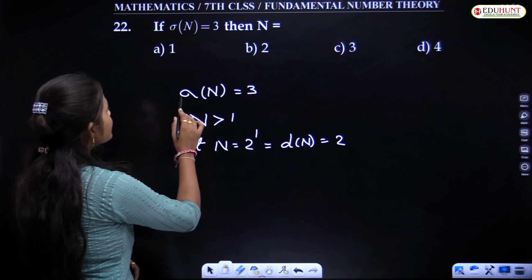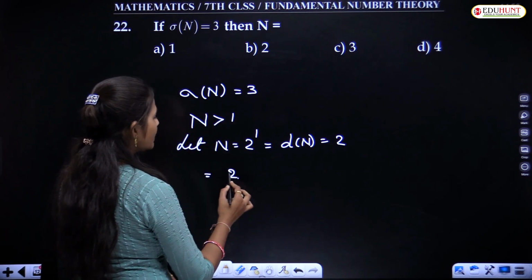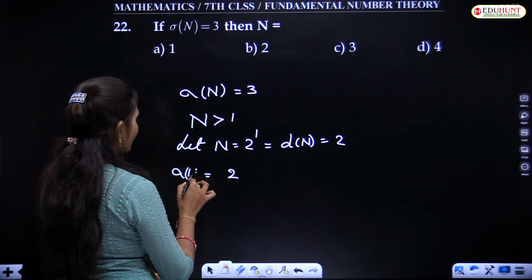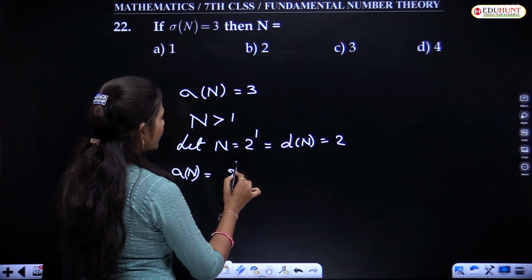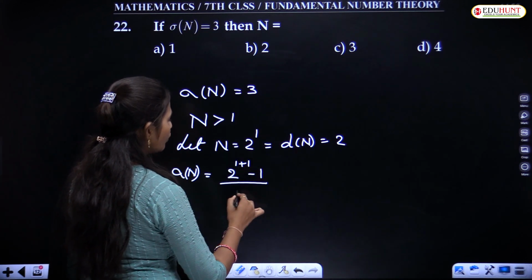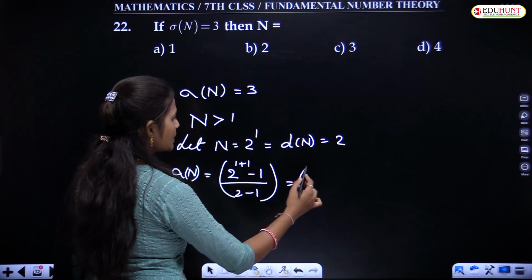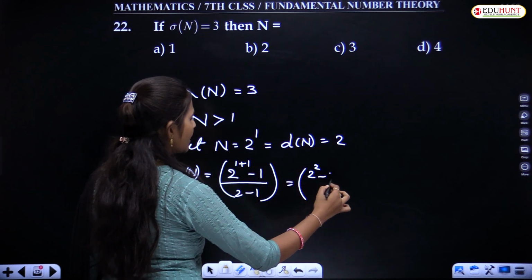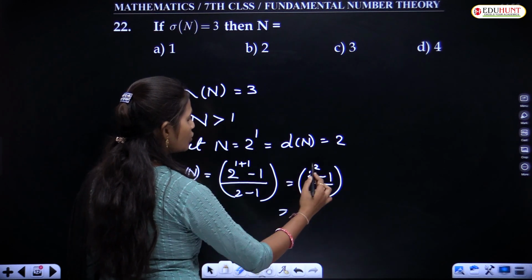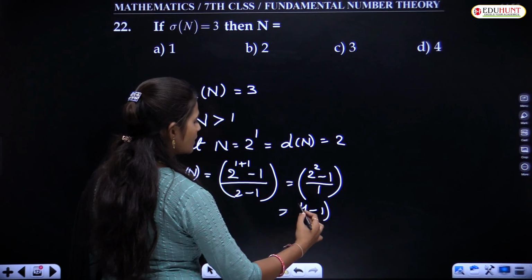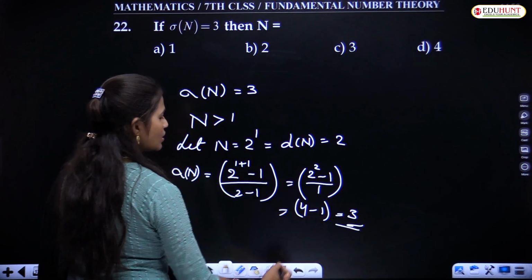So sigma of n is equal to (2 power 1 plus 1 minus 1) whole by (2 minus 1). That is 2 power 1 plus 1, meaning 2 square, minus 1, by 1. 2 square is 4, minus 1, which is equal to 3. So it is satisfying.